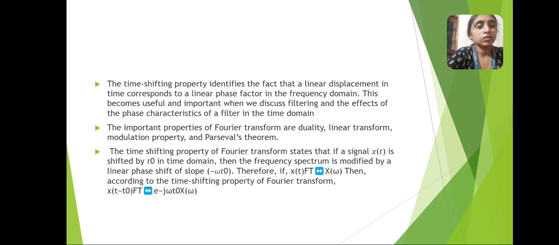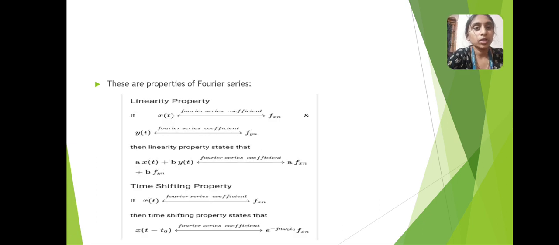Therefore, if x of t has Fourier transform X of omega, then according to the time shifting property, x of t minus t naught transforms to e power minus j omega t naught into X of omega. This is the time shifting property in Fourier transform.